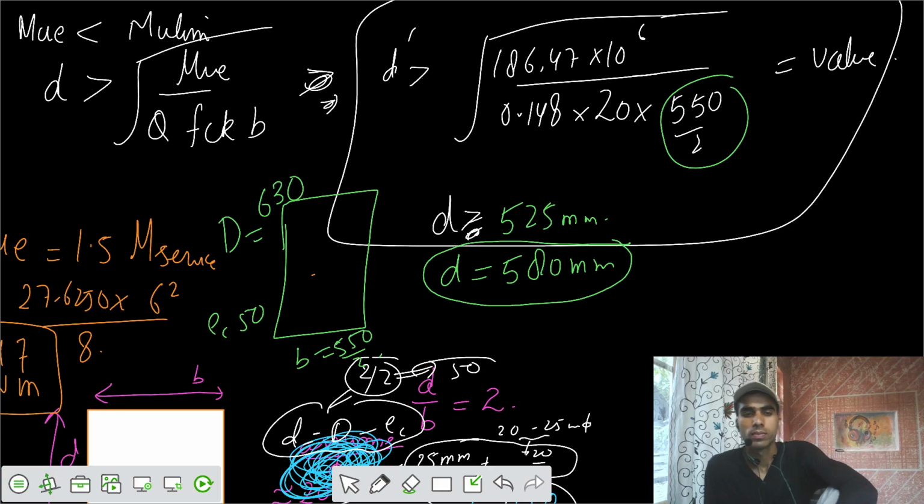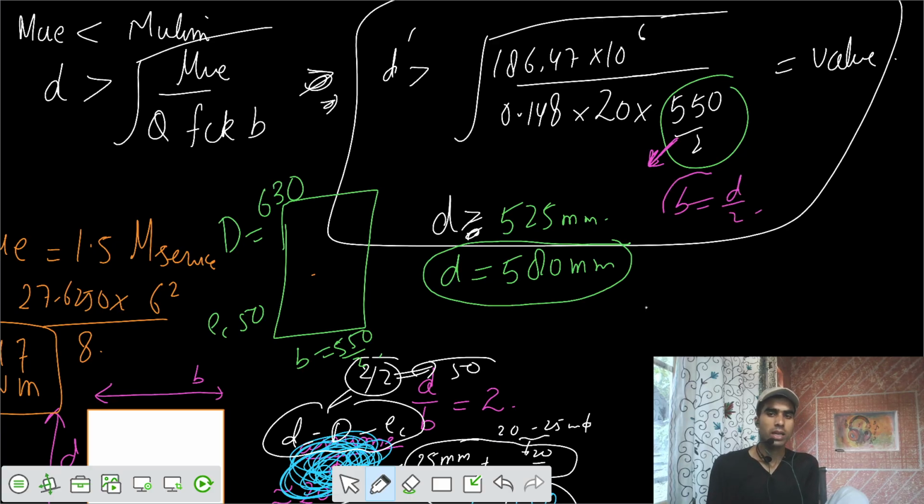Is this correct? Now, actually the b we assumed, our problem was saying that your b should be D by 2. In the initial case, b should be D by 2. But if we see here, we have capital D as 580, and b by 2 would be somewhere 290.